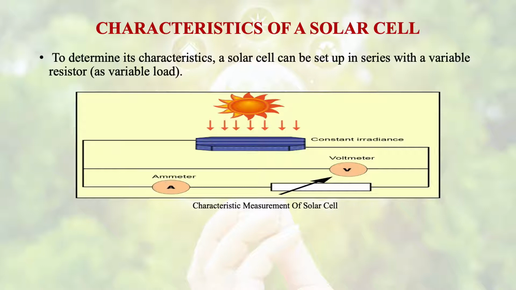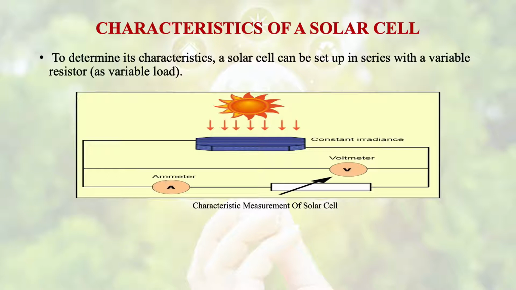You can see here that one ammeter and one voltmeter are connected across the solar cell. The ammeter is connected in series to measure the current of the solar cell, and the voltmeter is connected in parallel to measure the voltage across the cell. And one variable resistance is also connected here. Why do we use this variable resistance?